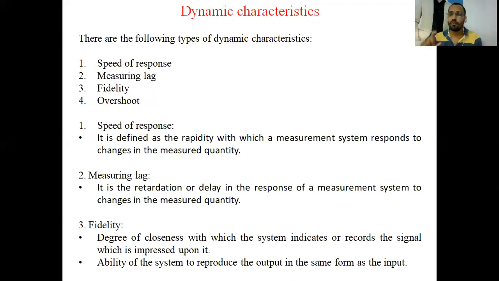Then what is the time taken by the measuring instrument to achieve 2 kg from 1 kg? 1 kg से बेटा 2 kg अचीव करने में उसे कितना टाइम लगा? It is called speed of response.